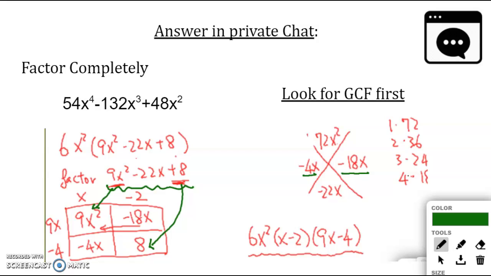Okay, if I was to use the grouping method, that will be 9x squared minus 4x minus 18x plus 8. I just split the negative 22x as negative 4x and minus 18x.